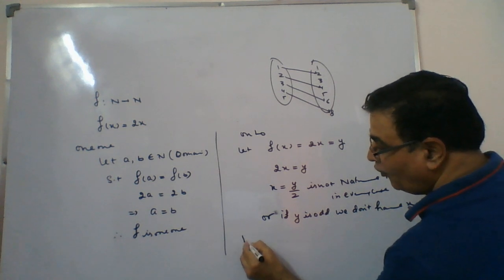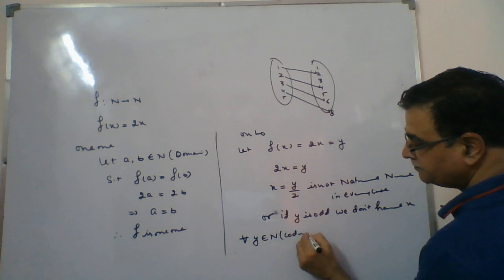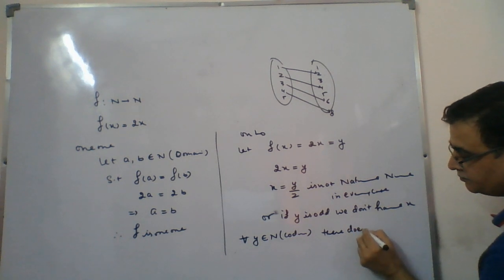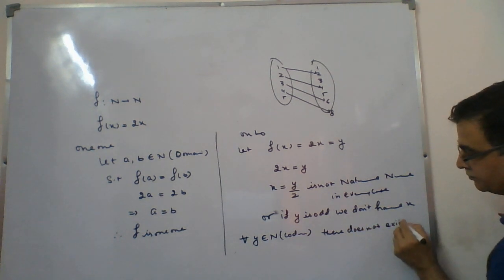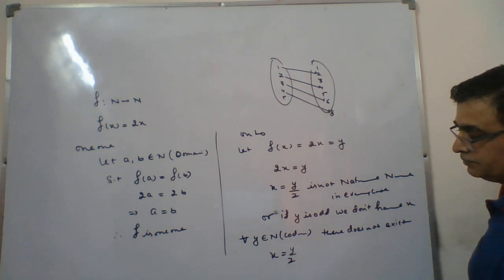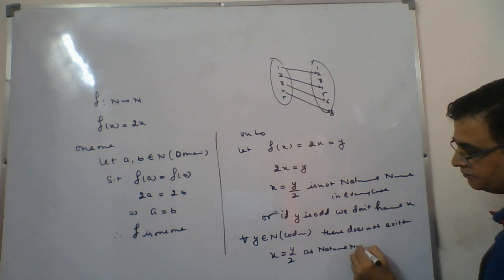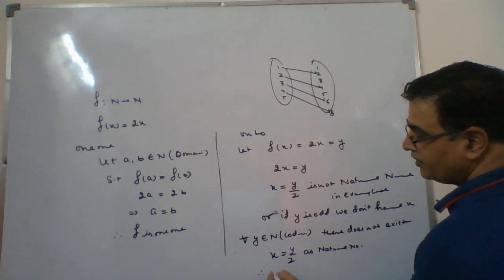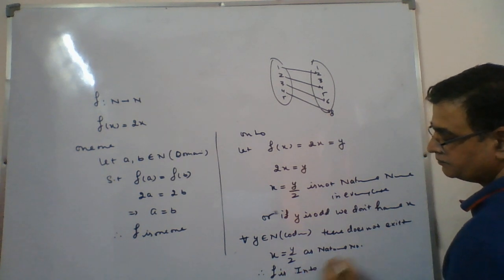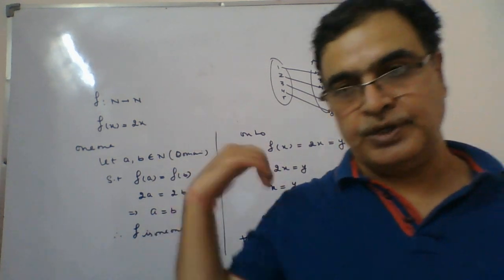So what you should say: for all y belonging to N codomain, there does not exist x, which is y by 2, as a natural number. Therefore, I say f is into. So the function is one-one, but not onto, it is into. Next class will take more.